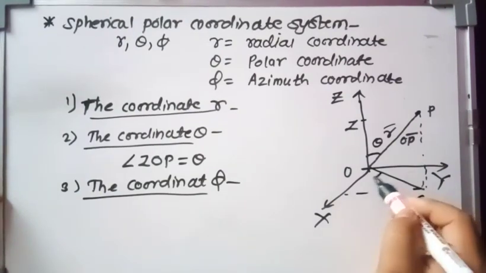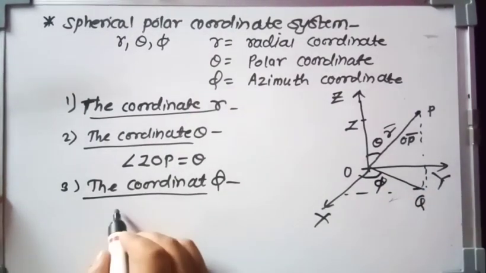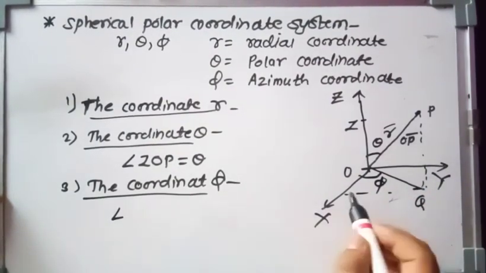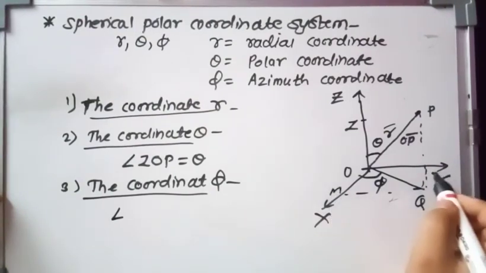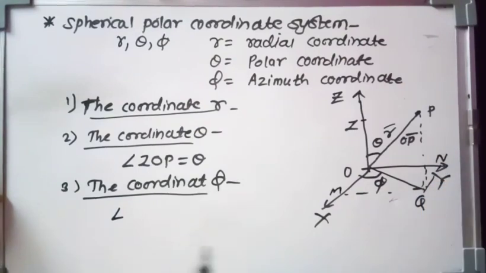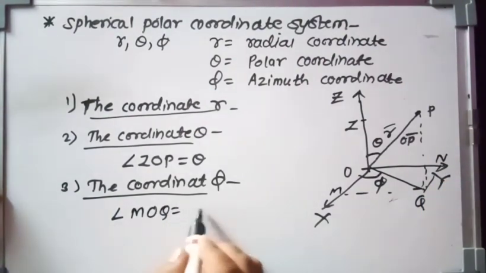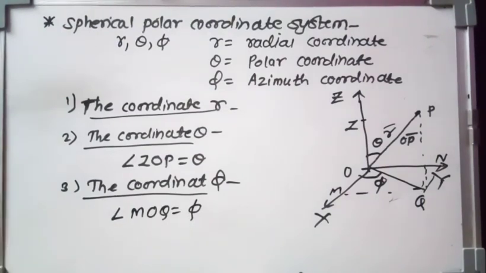Suppose this is M and this is N, then angle MOQ is phi. What is phi coordinate? It is the angle between projection of OP and x-axis. It is also known as azimuth coordinate.